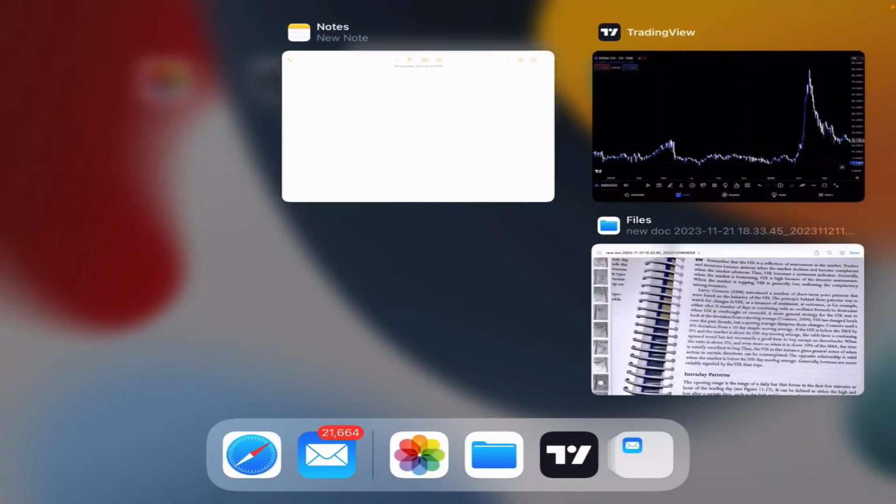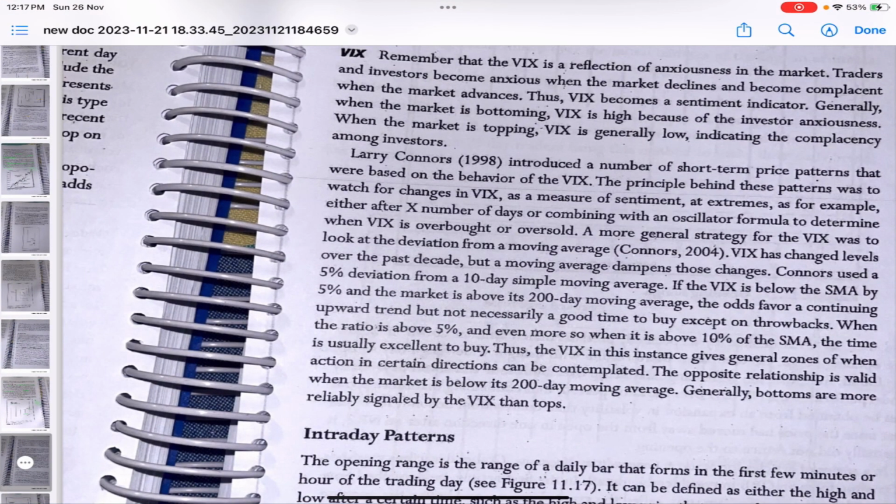India VIX shows you the volatility or anxiousness present in the markets. The principle behind these short-term patterns, when they were developed, was also that they used to look at the VIX. However, you need to keep in mind that generally bottoms are more reliably signaled by the VIX than tops.